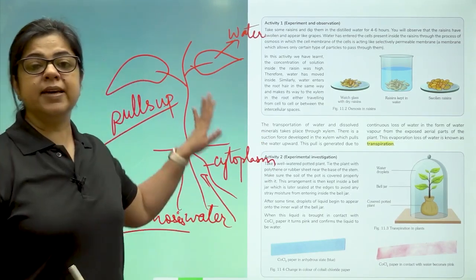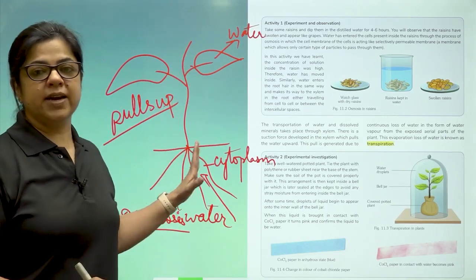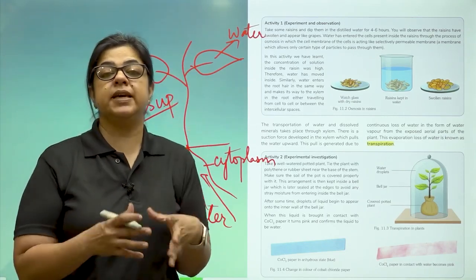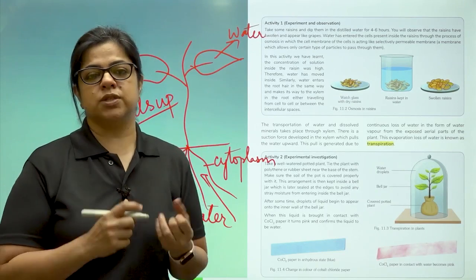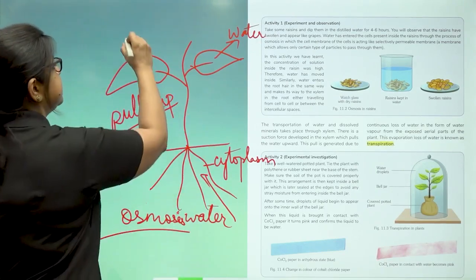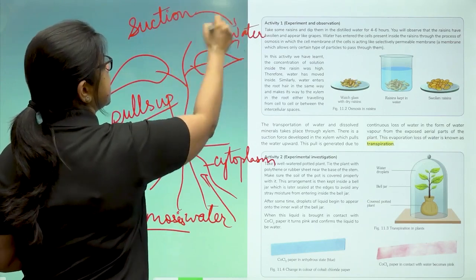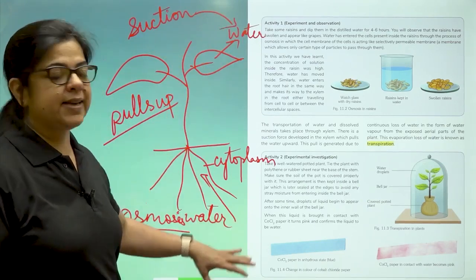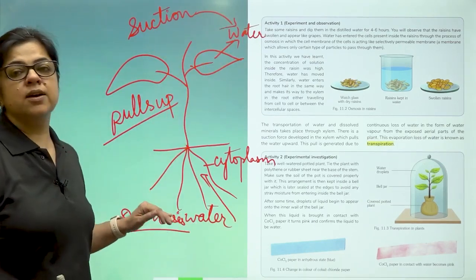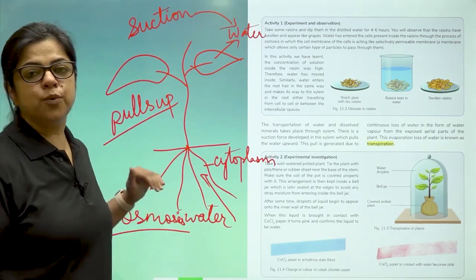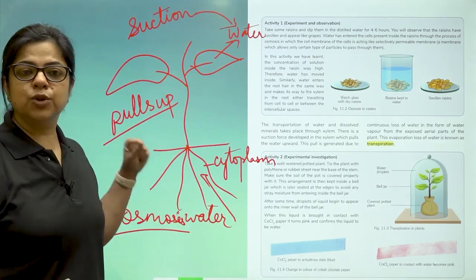So basically, there are two reasons which are helping pull up the water from the roots. Number one is the suction that is created by the process of transpiration, and secondly is osmosis, which is absorption of water by the roots.